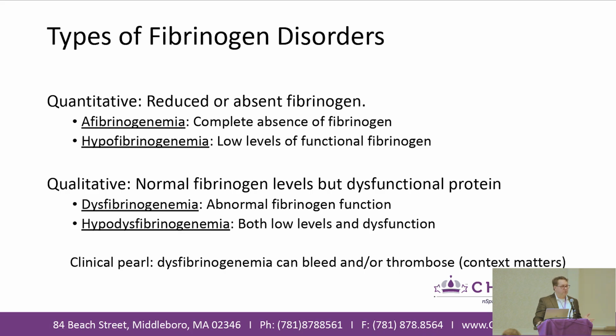And then the super exciting one is hypodysfibrinogenemia, which I think should just win you the Scrabble game right there, if you could find a way to get that in. You have not enough and it doesn't work well, except for when it works too well. So I kind of hit this clinical pearl that not all bleeding disorders are only bleeding disorders either.